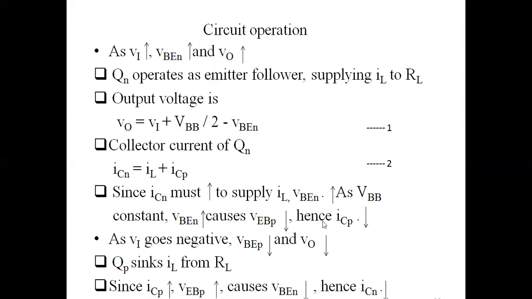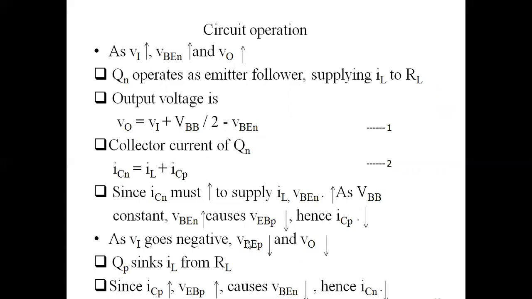And hence there is also a decrease in IC or IP, the transistor current in the PNP transistor. Suppose at the same time Vi goes negative, then what happens?